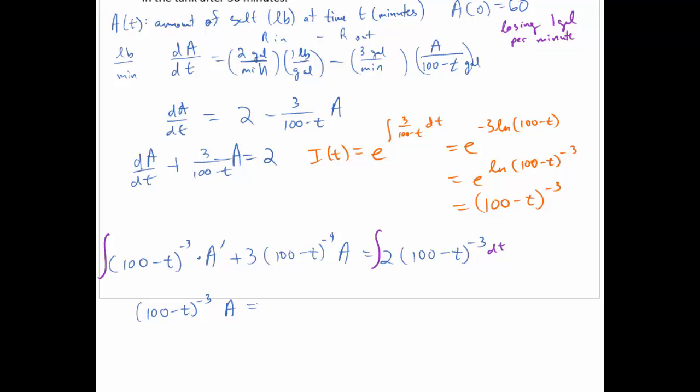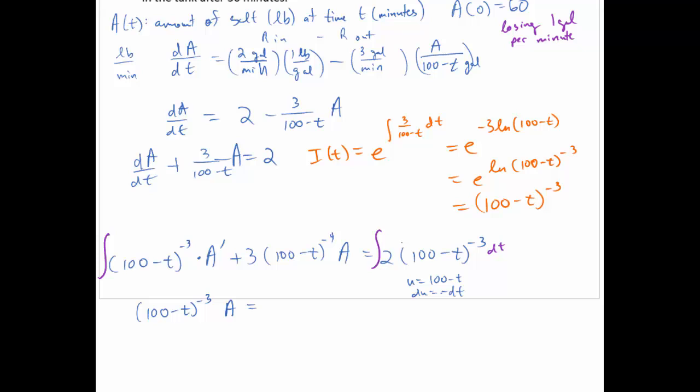Now on the right-hand side, just using a little bit of substitution, letting u equal 100 minus t. That's basically just u to the negative third, but we have to be careful here. If we let u equal 100 minus t, then du is negative dt.